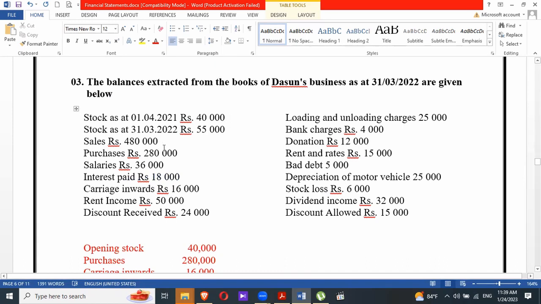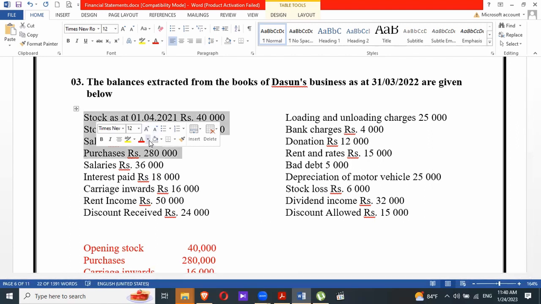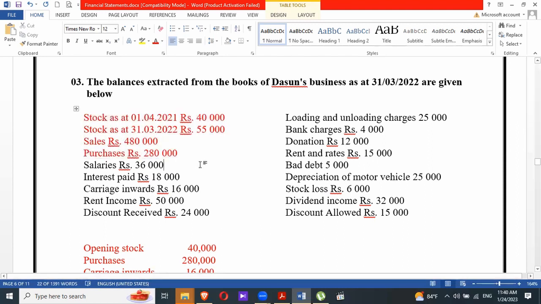We took these things, right? Sales, purchase. These things we took. I'll separate. For the purpose of calculating gross profit, we took those things, right? Loading and unloading also we took for calculating gross profit. And other than that, carriage inwards also we took for calculating gross profit.